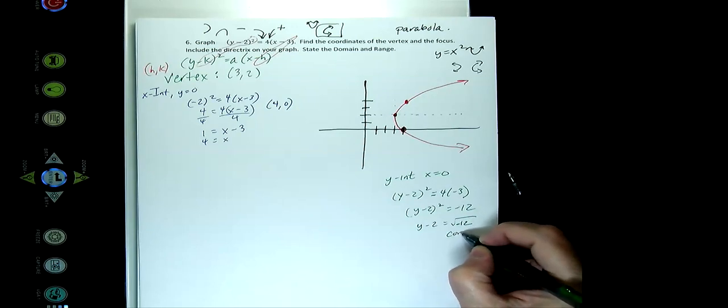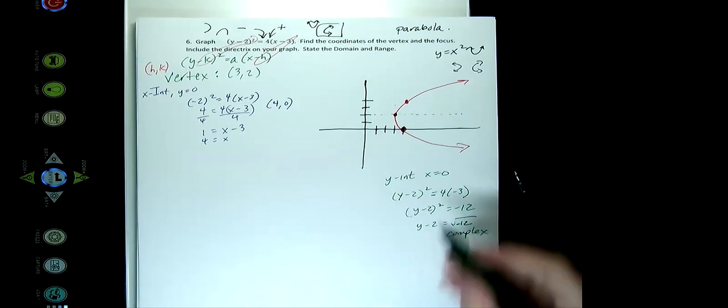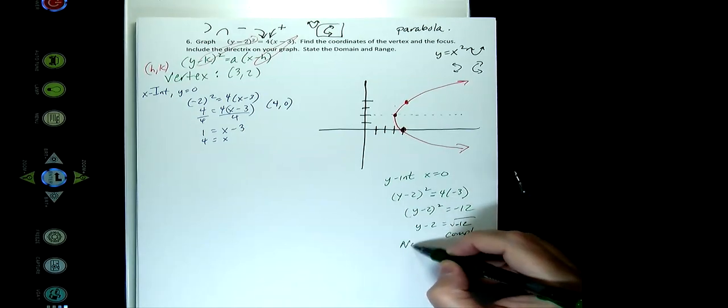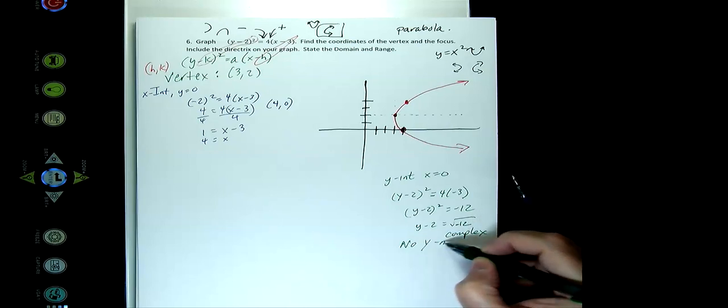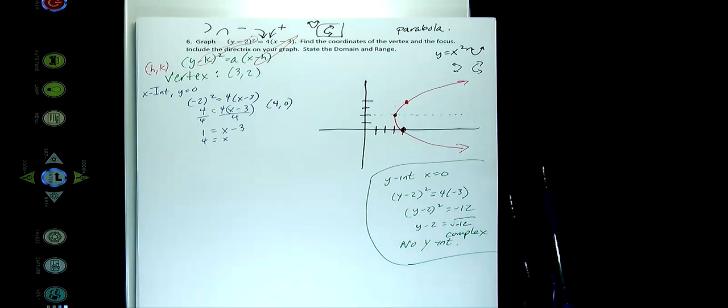So it means it does not hit the y-axis. No y-intercept. That's a little side note. If you'd done the x-intercept first like I did, which was convenient, you would have seen that it opens to the right. All right, so my vertex, we did that one.